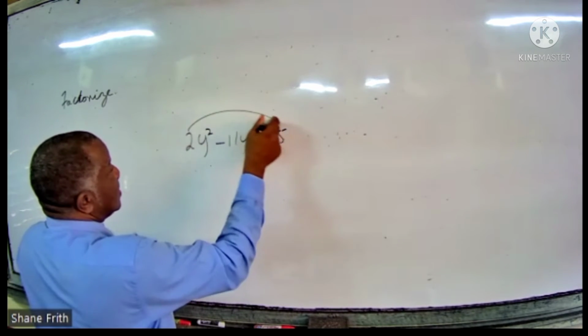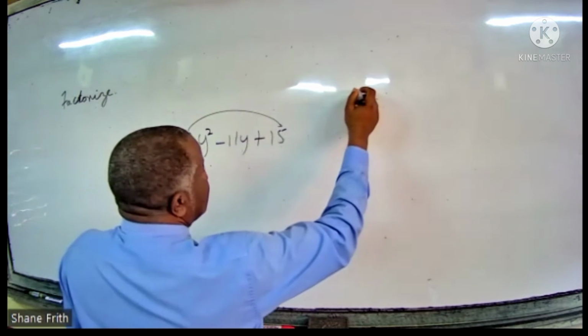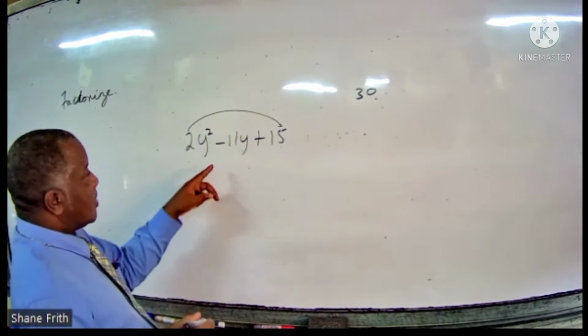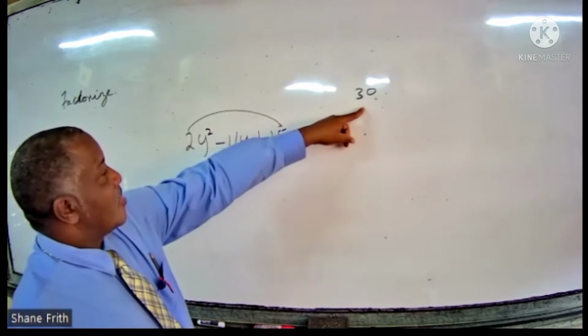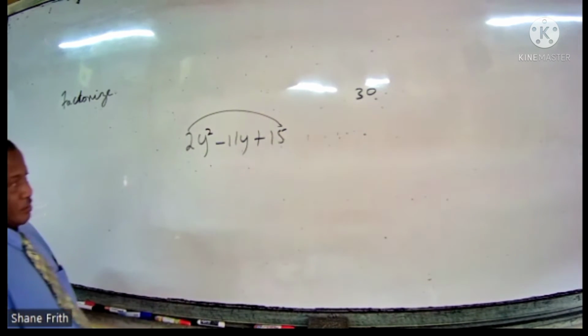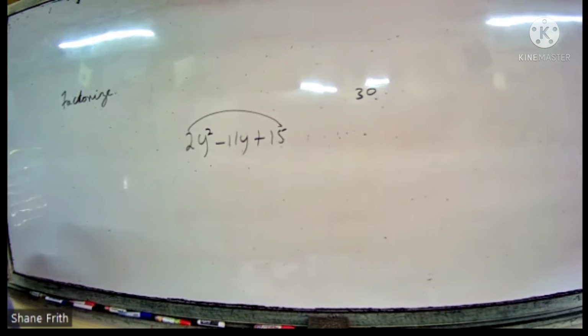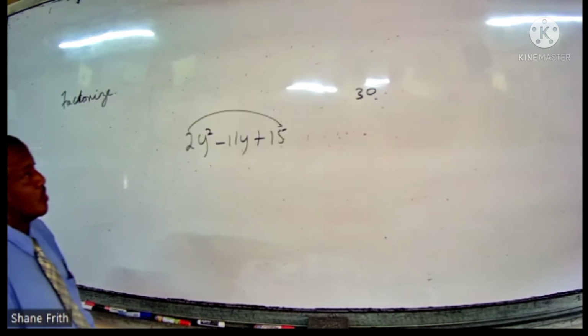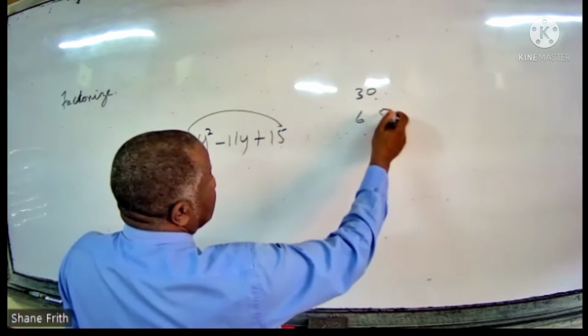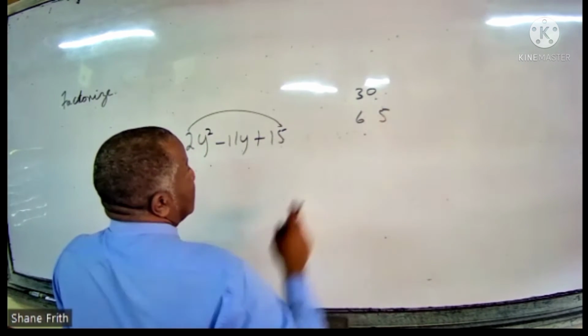So we're going to multiply that, right? So that will give us 30. All right, now I want 2 factors of 30 such that when I add them, I get minus 11. Good. So I know right away 6 and 5 comes in, right? 6 times 5 is 30.